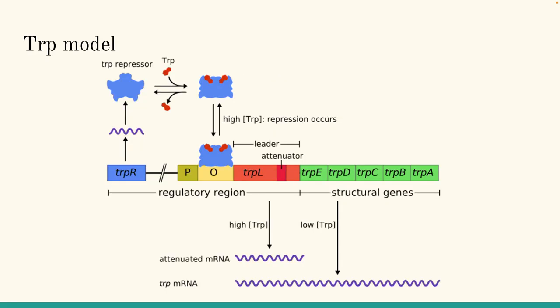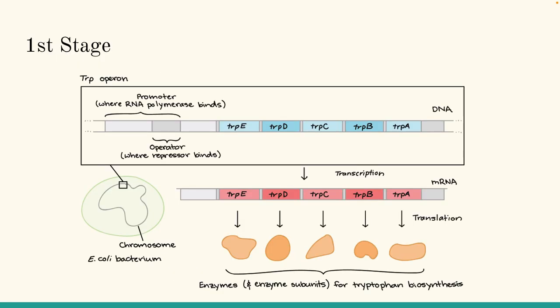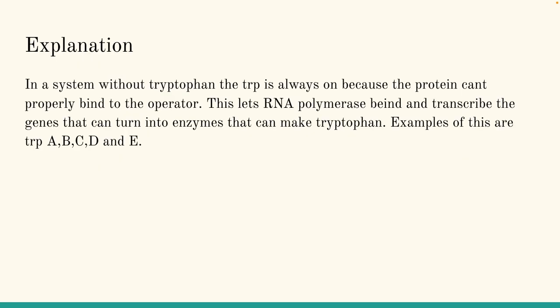And this is the TRP model, so you can see the TRP mRNA, you can see the TRP repressor going into the operator and binding to it. And this is the first stage, and this is the explanation of that first stage. So in a system without TRP, the operon is always going to be on, since the repressor protein can't properly bind to the operator.